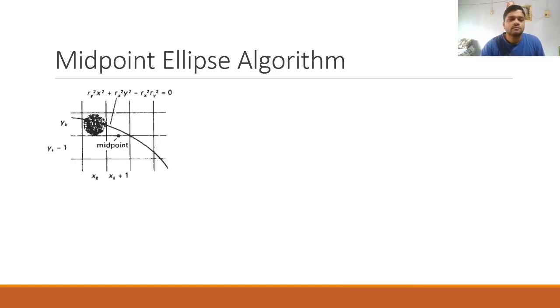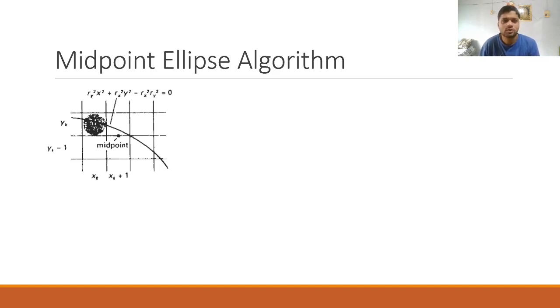This is what I was talking about, xk yk. This is the ellipse equation that we just saw, and this is the midpoint between the two pixels, yk and yk minus 1. For every iteration, when I go next, I increment xk till I reach the slope equal to -1 condition, and I decide whether to decrement yk or not, in other words, whether to decrement y or not.